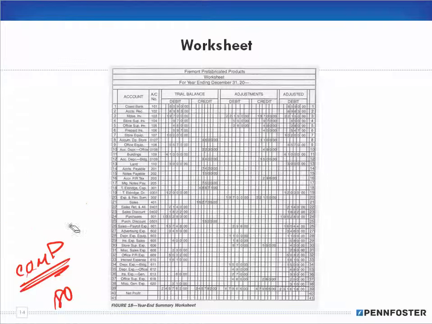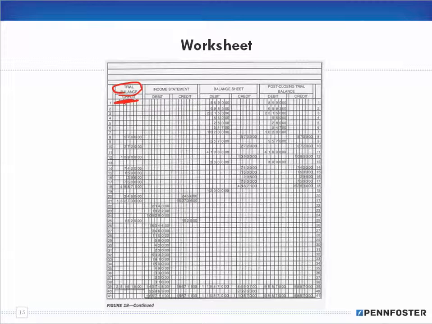Once we have our adjusted trial balance column with the correct balances in them, and again, here I'm doing this across two slides, so I have to apologize for that. It's just the nature of how big the worksheet is. There'll be a debit column here, and there'll be balances in these accounts.